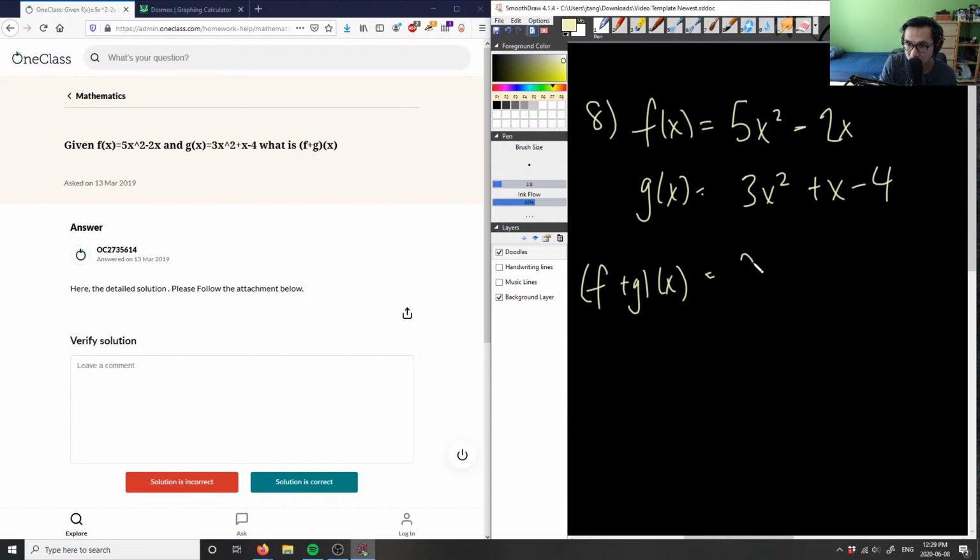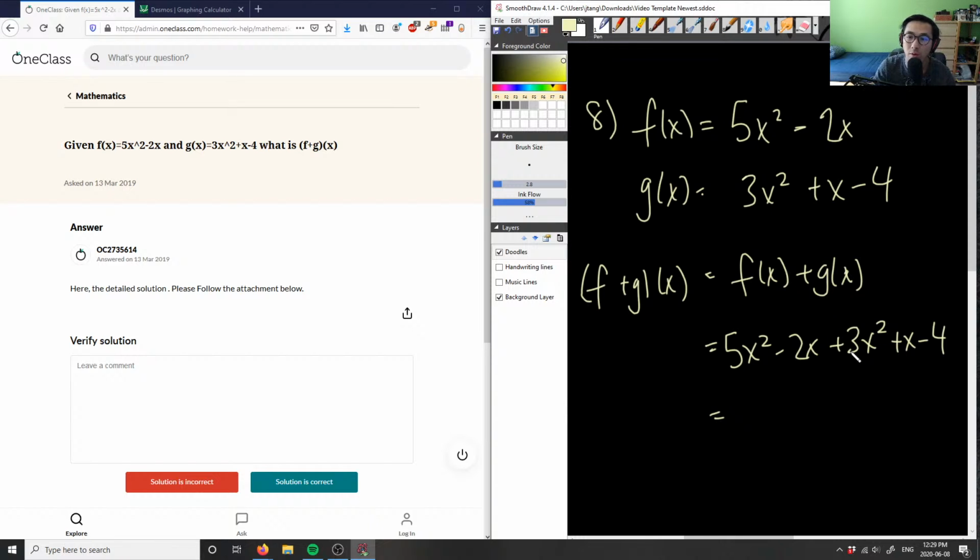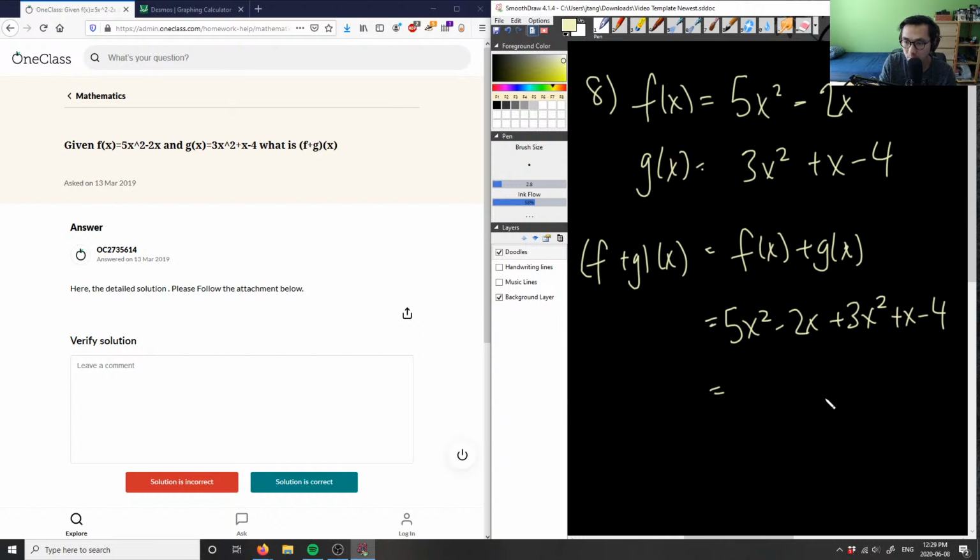So this is simply just f of x plus g of x together. So simply, this is going to equal 5x squared minus 2x plus 3x squared plus x minus 4. So I'm simply just using the property where f plus g of x is equal to f of x plus g of x, and I can simply just collect terms to solve this problem.